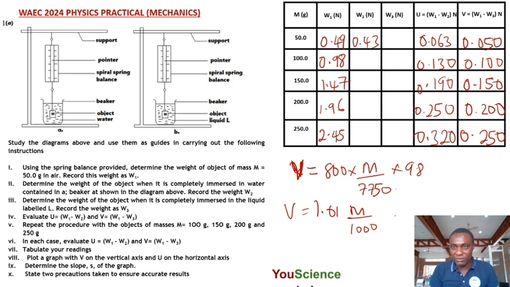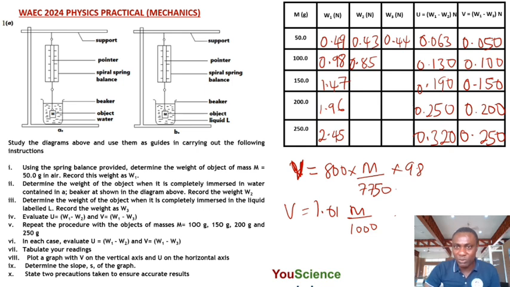Next, I'm going to have 0.49 minus 0.050. So I'm going to have 0.44. Next, I'm going to have 0.98 minus 0.130. That's going to give me 0.85. And I'm going to have 0.98 minus 0.10.